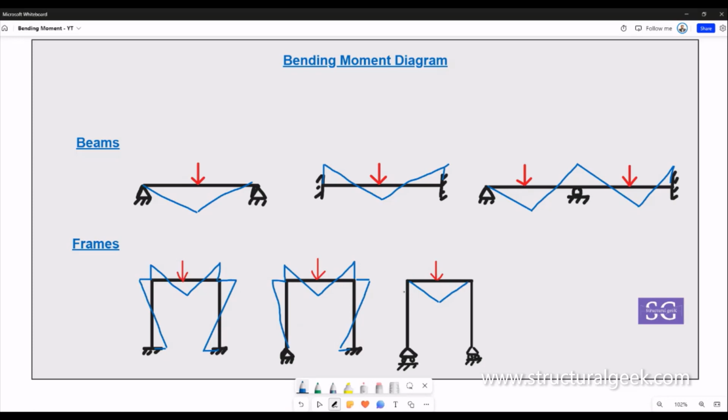The reason is that it cannot take any horizontal support from this particular support, because if the horizontal force cannot be there, there is no possibility to balance this moment to zero as it moves to this particular point. So it will be something like this.